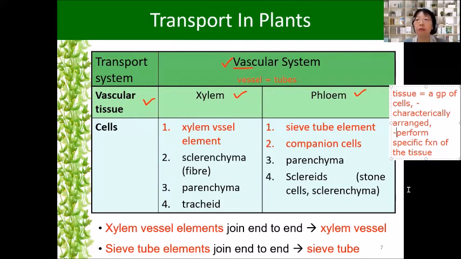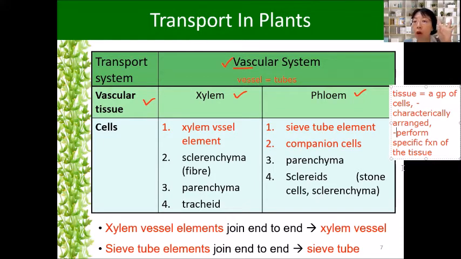So a group of cells. So far, we learned that tissue is made up of similar cells. For example, adipose tissue is made of fat cells, and our skin is made of epithelial cells. Most of the time, the cells of a tissue are the same type. But here, xylem and phloem tissue are each made up of 4 different types of cells.